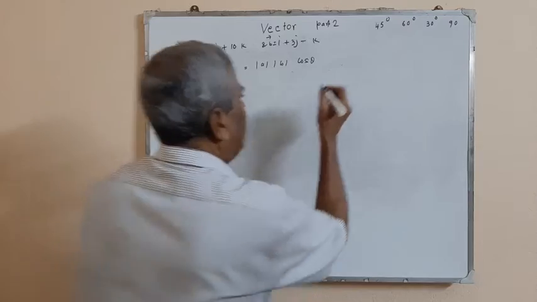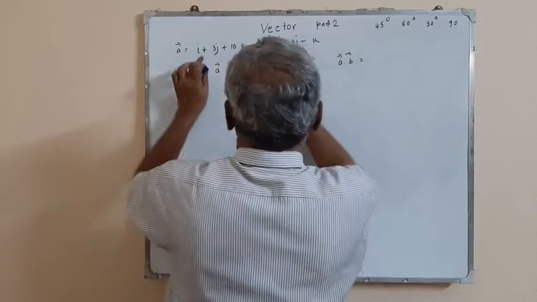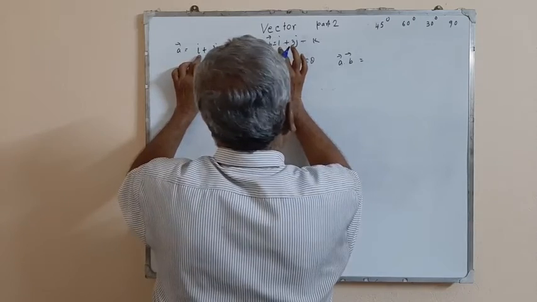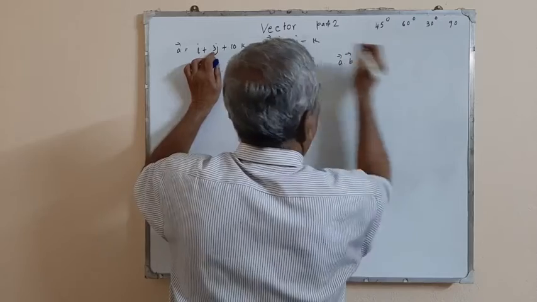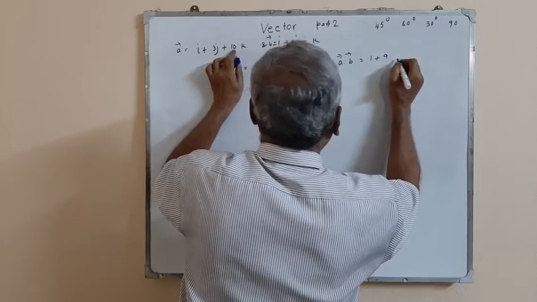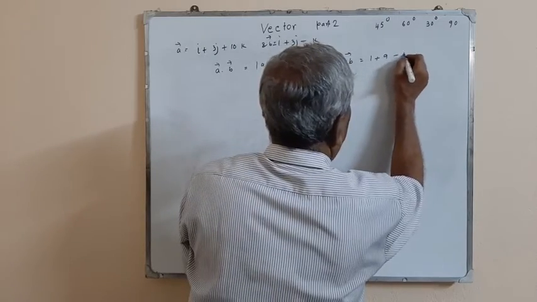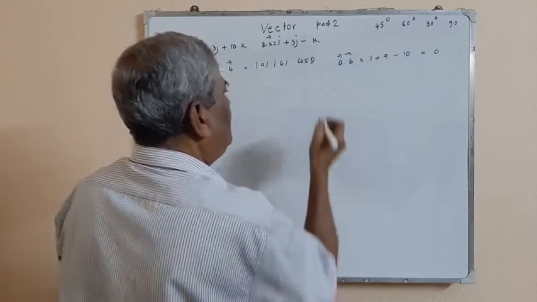So A dot B here is equal to corresponding components, that is 1 into 1 is 1, 3 into 3 is 9, plus 10 into minus 1, minus 10, is equal to 0. A dot B is equal to 0.